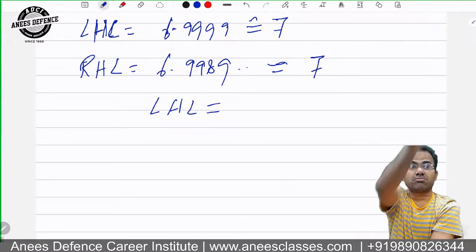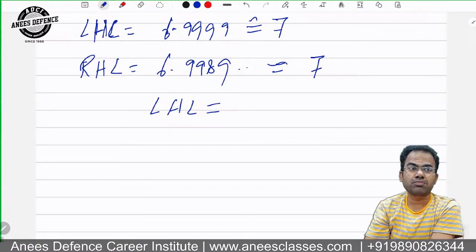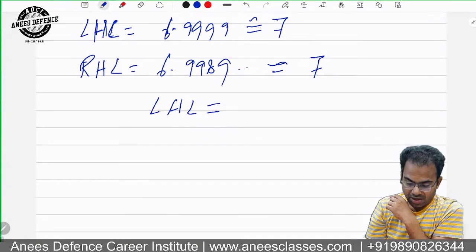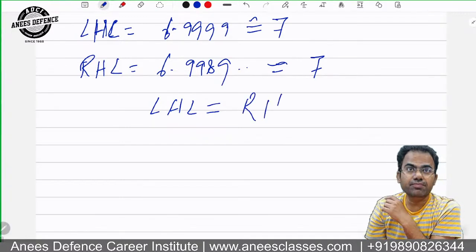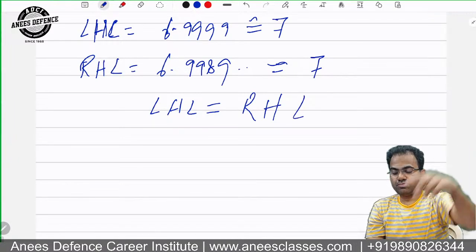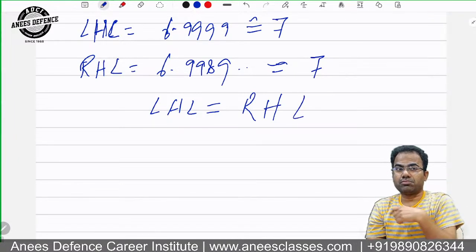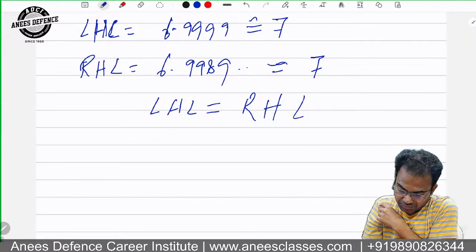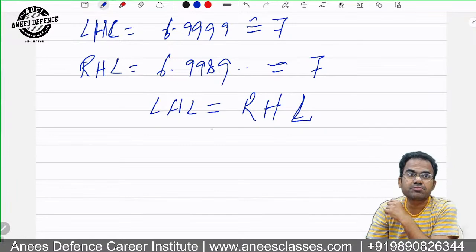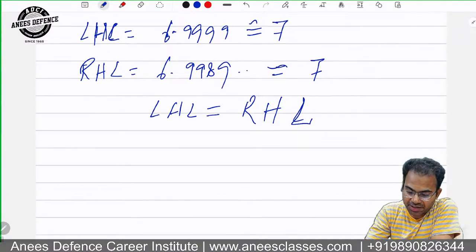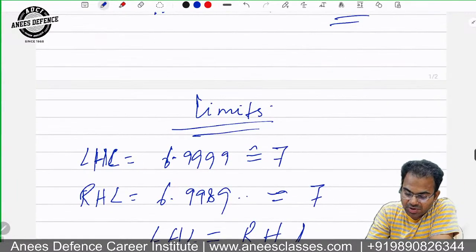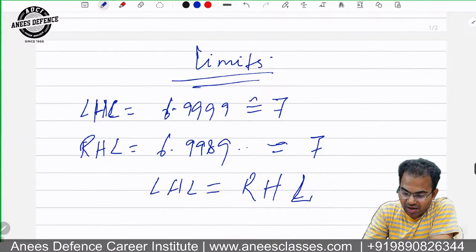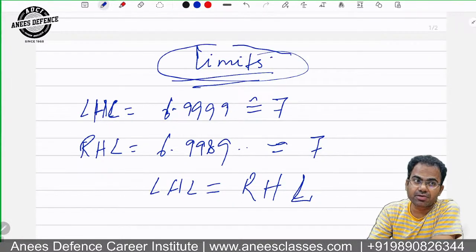LHL equal RHL. Right? So I'm revising the limits, okay?